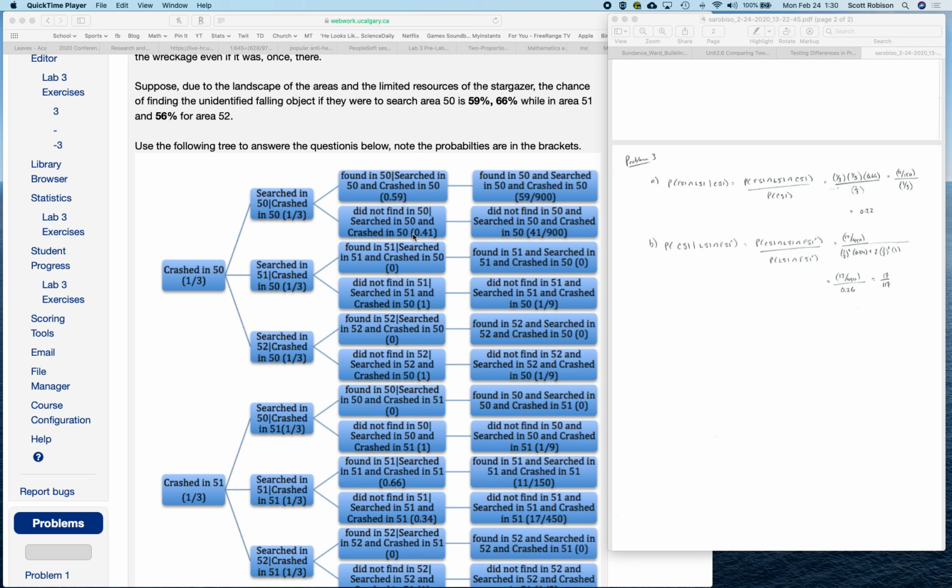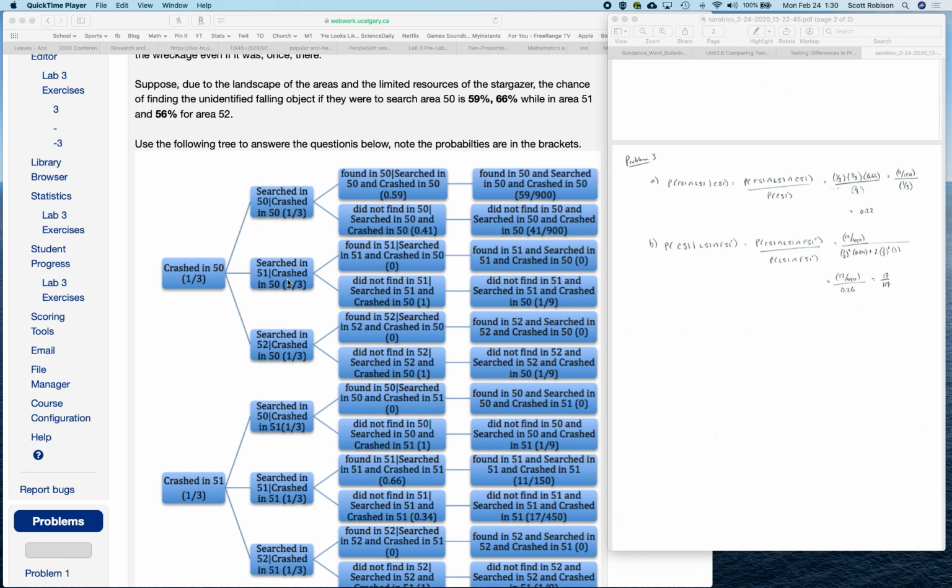And there's also a chance that you don't find it, even though you're looking in the right place. However, if it crashed in 50 and you searched in 51, there is 0 chance you'll find it and 100% chance you won't find it. If it crashed in 50 and you look in 52, there's 0 chance you'll find it and 100% chance that you won't find it. So you could look at all of these branches like that if you like.